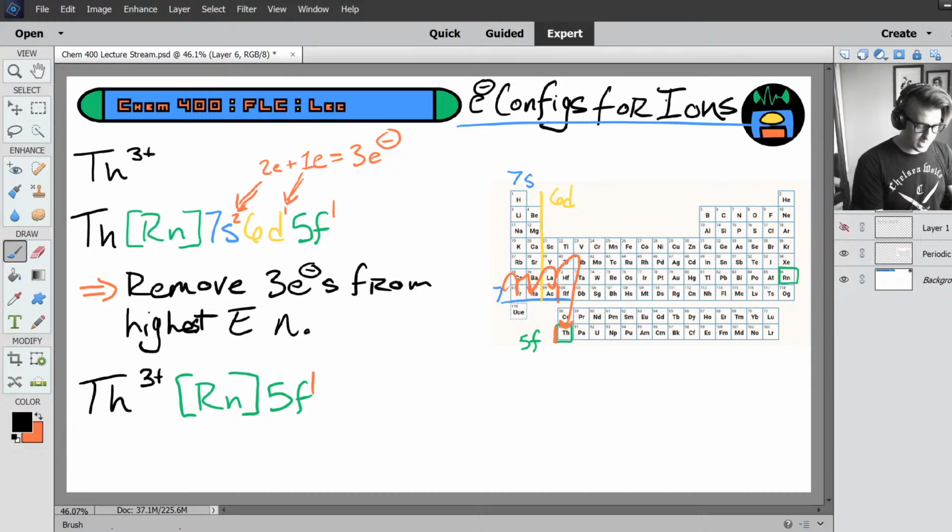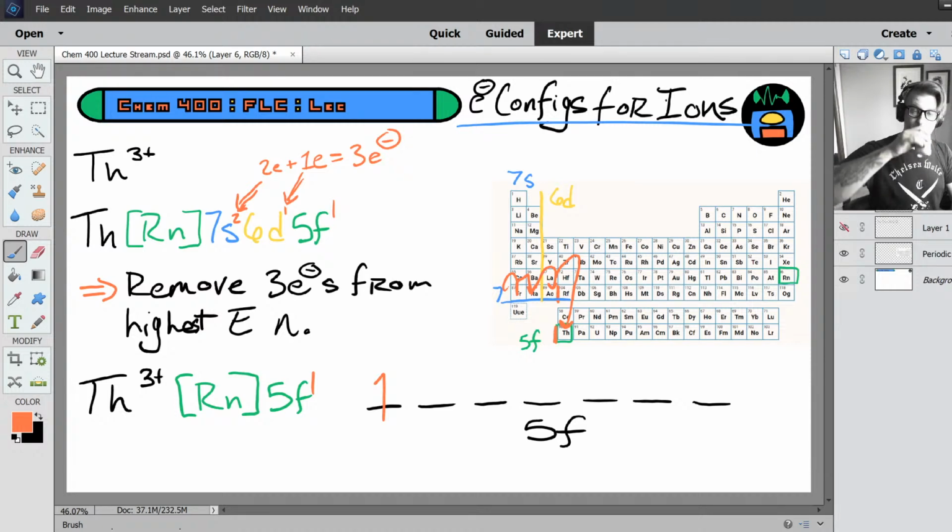So the orbital diagram will just be our 5f subshell, which has 7 orbitals in it, and 1 lonely electron hanging out. All right. So that is how you handle ions. You always remove from the highest shell first. If you run out and you still got to take some out, you just keep moving down the shells.